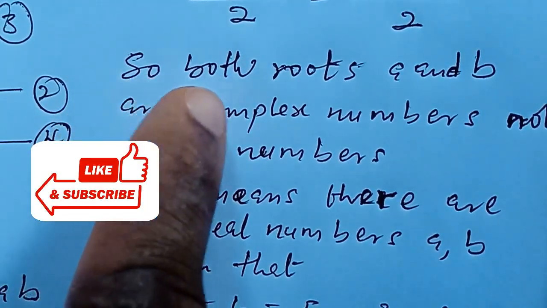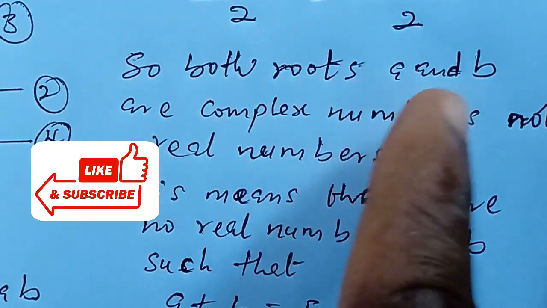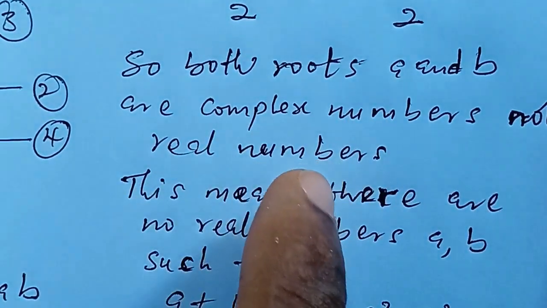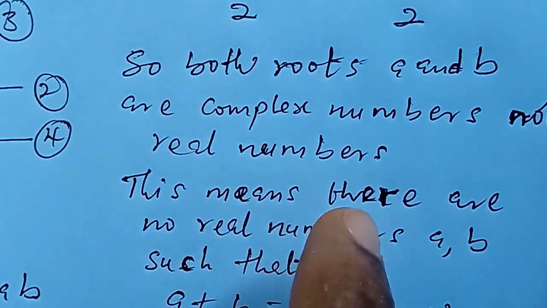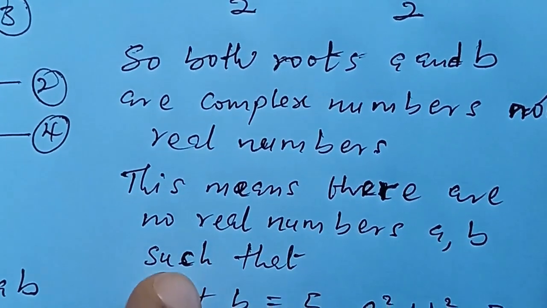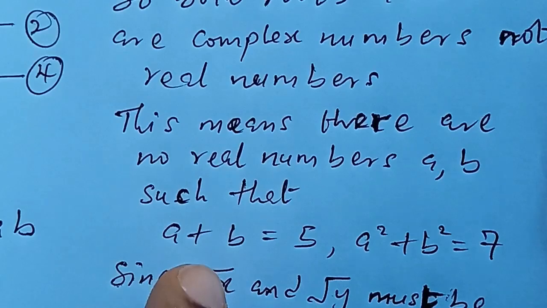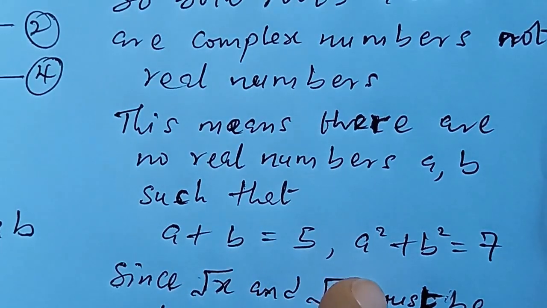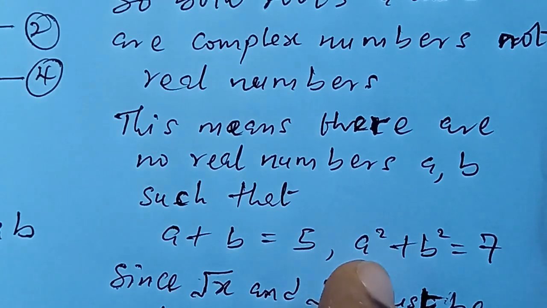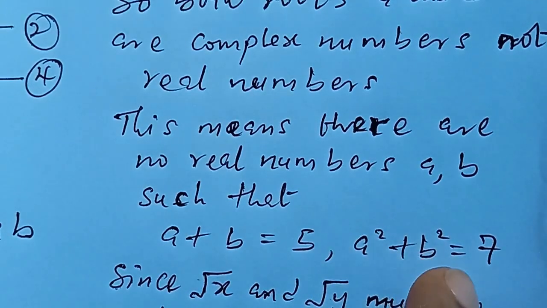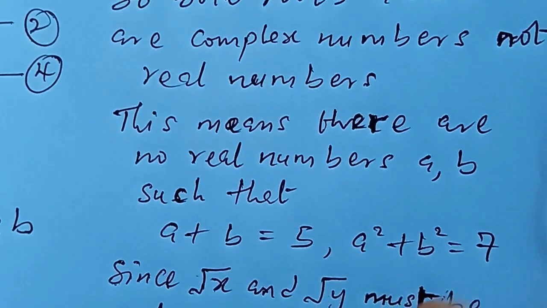So both roots a and b are complex numbers, not real numbers. This means there are no real numbers a and b such that a plus b gives us 5 and a squared plus b squared gives us 7.